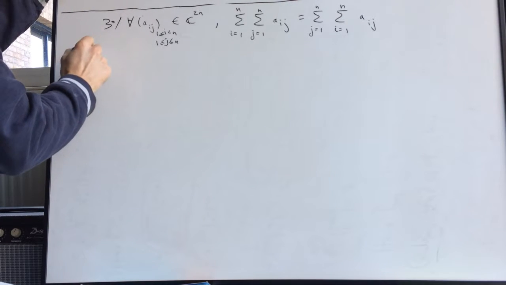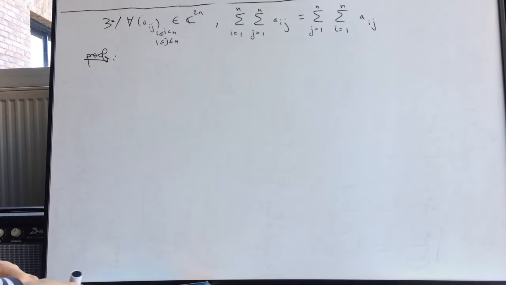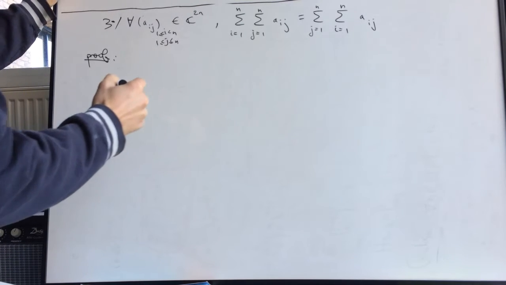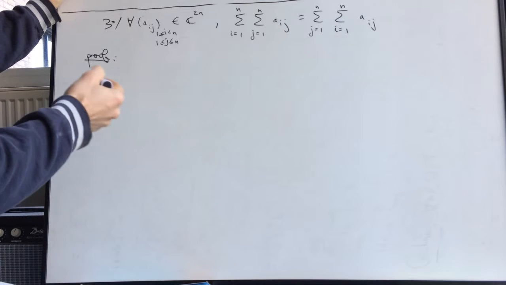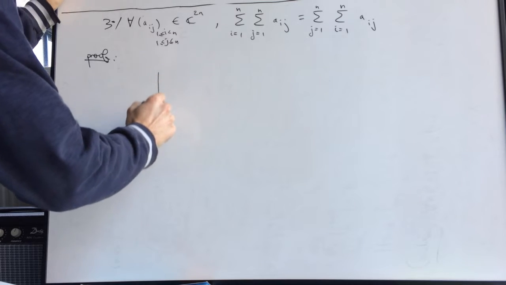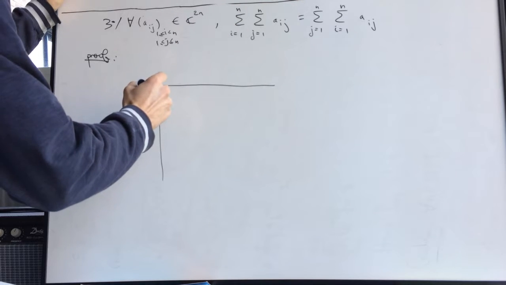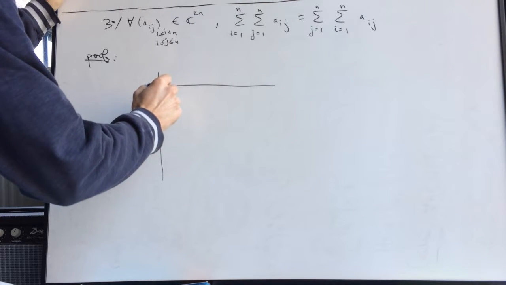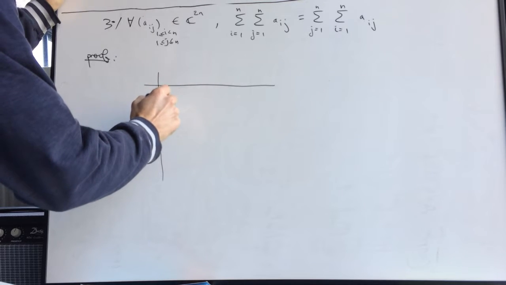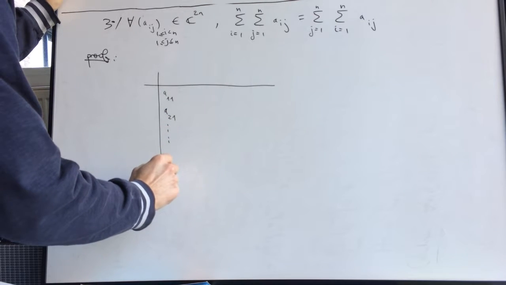And to prove this formula, it's very useful to arrange all the a sub ij in an array and to sum in two different ways all the complex numbers that we are going to store. All those a sub ij, here a sub 1,1, a sub 2,1, and so on, a sub n1.